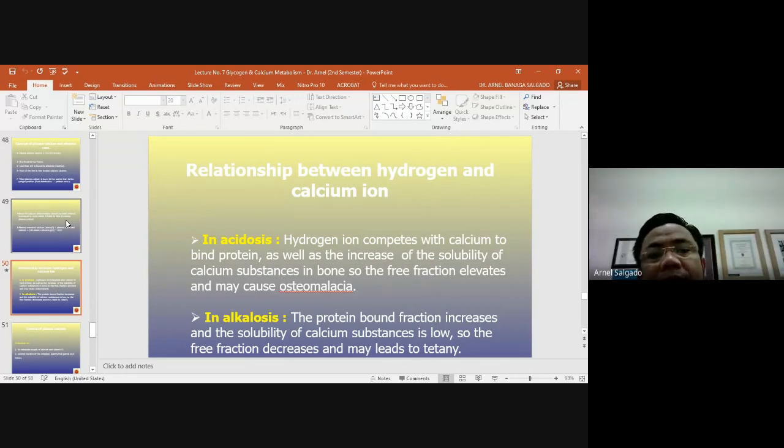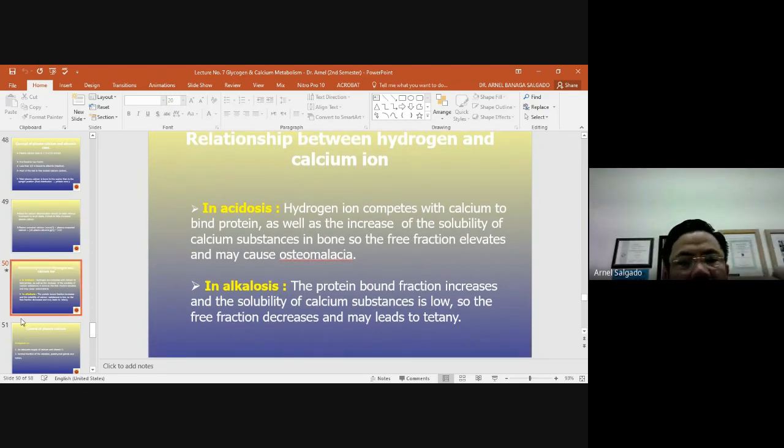Now, in alkalosis, on the other hand, the protein-bound fraction increases and the solubility of calcium substances is very low. So the free fraction decreases and will lead to tetany, lockjaw, as we know.